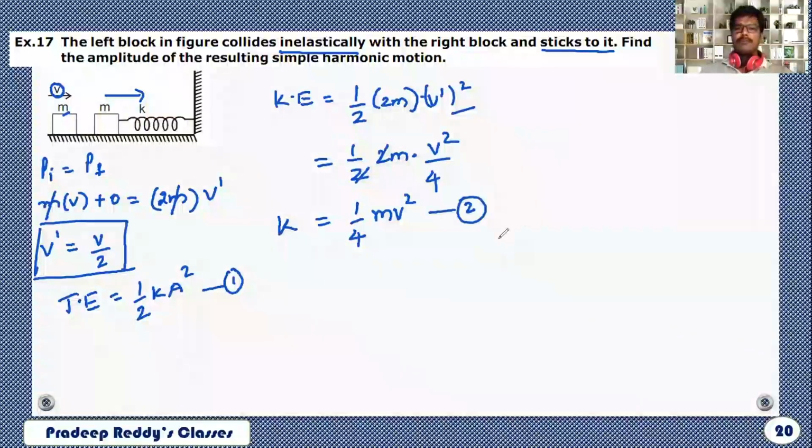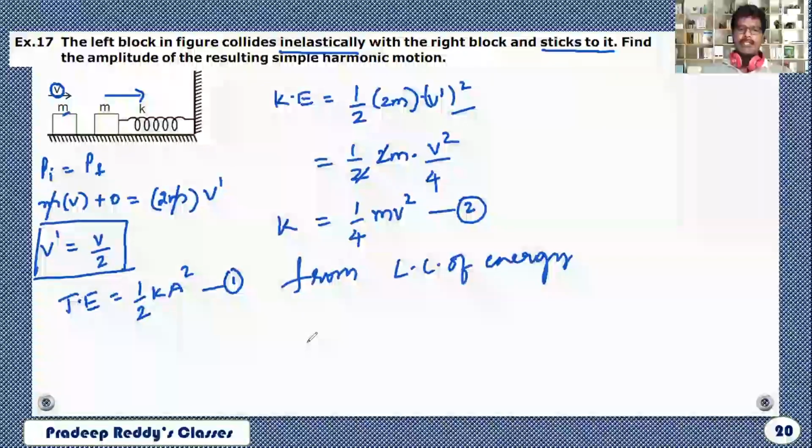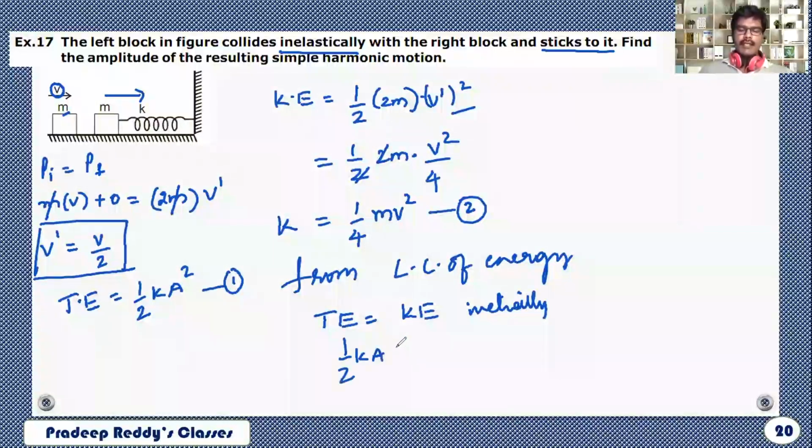That's equation number 2. As we know from the law of conservation of energy, total energy is equal to only the kinetic energy possessed by this object initially. Therefore, total energy can be written as half k a square, which is equal to 1 by 4 m v square.